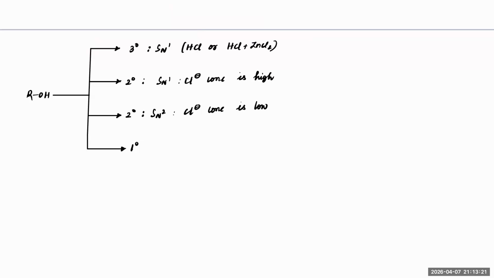Sorry, I wrote it the other way around. This is SN2 and SN1. Next, 1 degree generally always goes for SN2, and this cannot happen with HCl alone. It has to be done with HCl plus ZnCl2 only. I guess this part is clear, everybody.